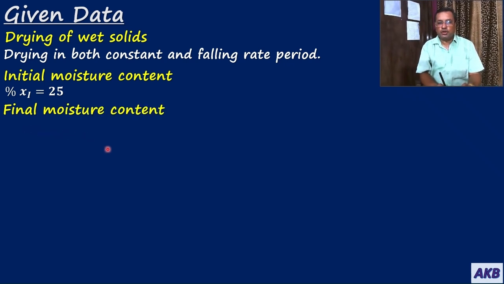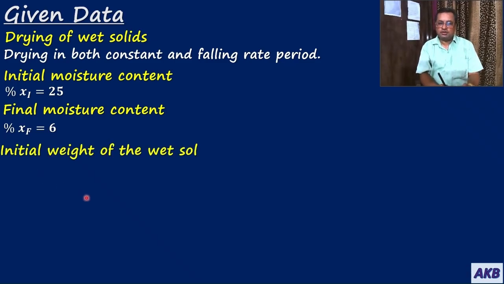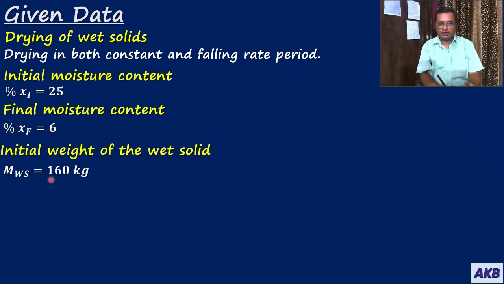Then the final moisture content, percentage small xf, is given to us, and it is 6. Then the initial weight of the wet solid is also given to us. We denote that by MW, and it is 160 kg.